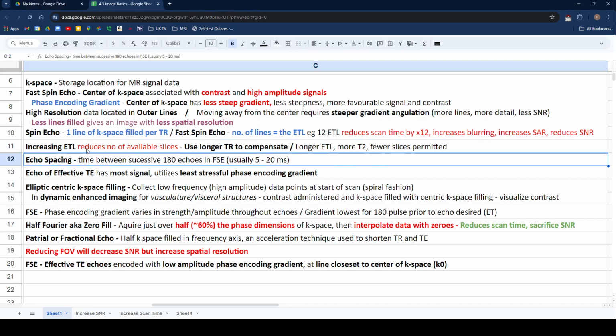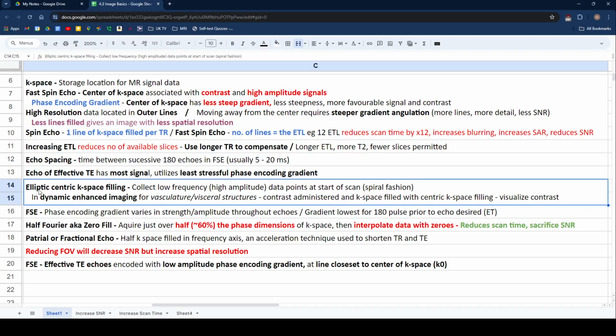Echo spacing is the time between successive 180 echoes in fast spin echo sequences, 5 to 20 milliseconds. The echo of your effective TE has the most signal and uses the least stressful phase encoding gradient. Elliptic centric K-space filling collects the low frequency, high amplitude data points at the start of the scan in a spiral fashion.